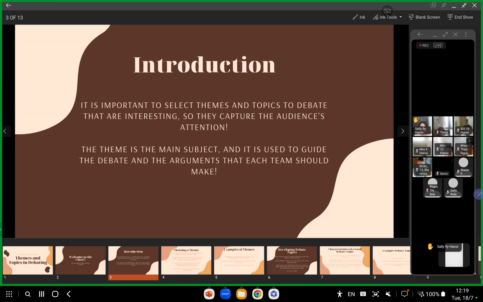It is emotion. Very good. So the motion, the theme, and the topic are very similar, but they're not quite the same thing, though they're all very closely related to each other.